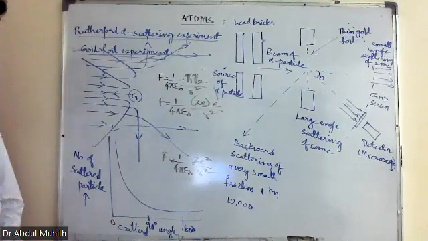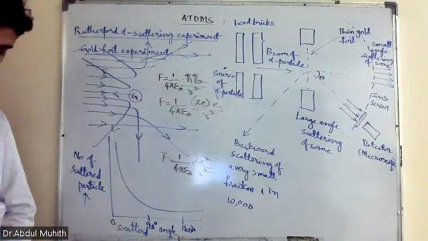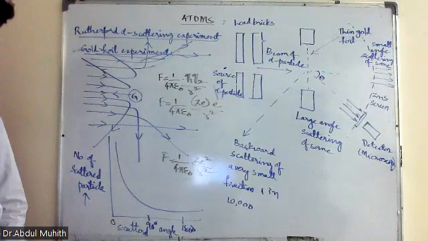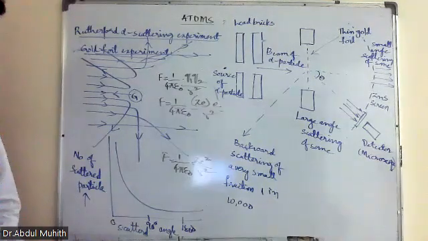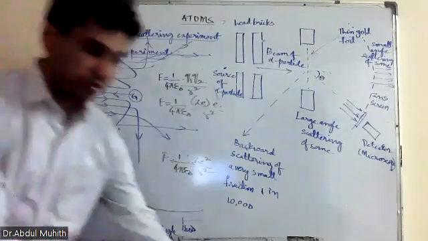The derivations are not required now, only the formulas they are asking, not a qualitative explanation. Before that, I would like to go to Bohr's model. I'll discuss Bohr's model, then the formulas related to that, and then the hydrogen atom. These three we have to discuss now.